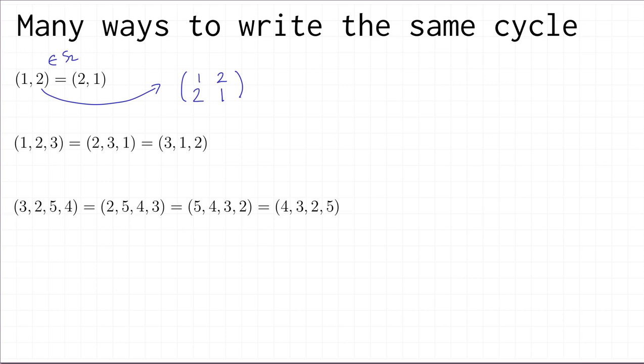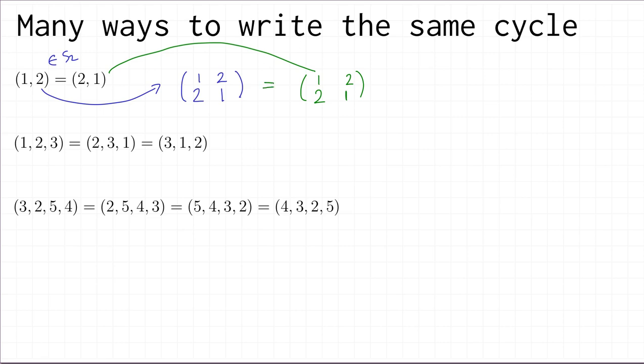But equally, if you wrote it like this, (2, 1), that's the permutation which sends 2 to 1, and then 1 is at the end of the cycle, so it goes back to the start. So we have the same permutation as before. Both of those permutations send 1 to 2 and 2 to 1. So these things are equal.